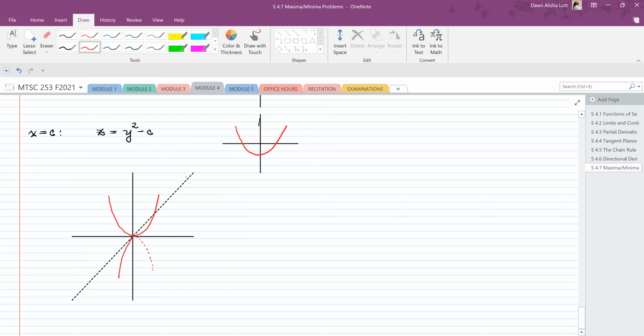And then I have the hyperbola here. And then I have a hyperbola here. That's not too bad. So I get this hyperbolic paraboloid.